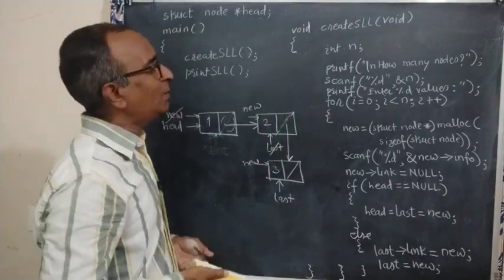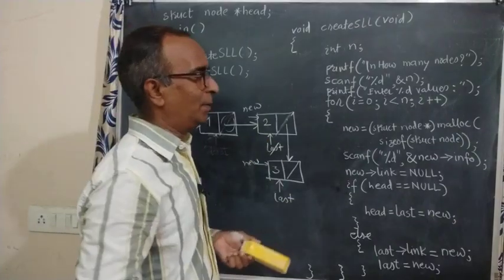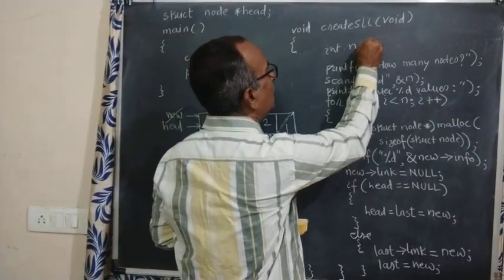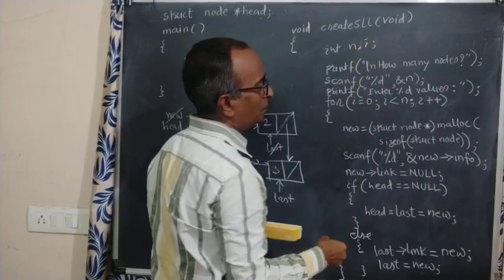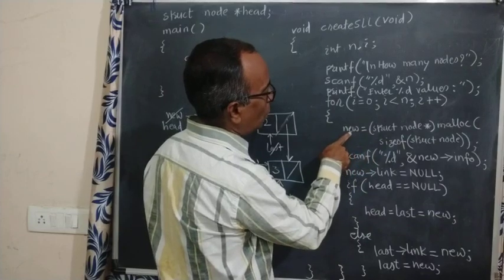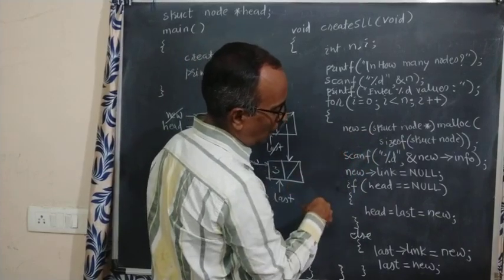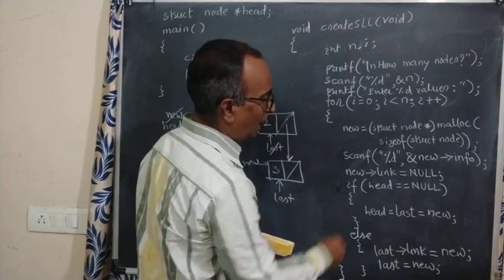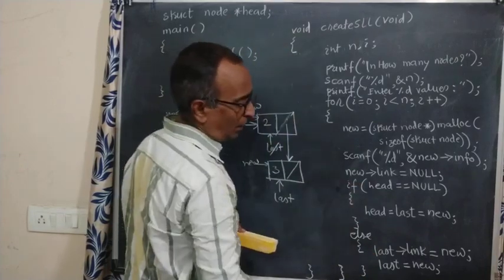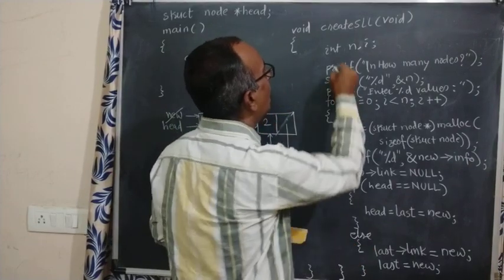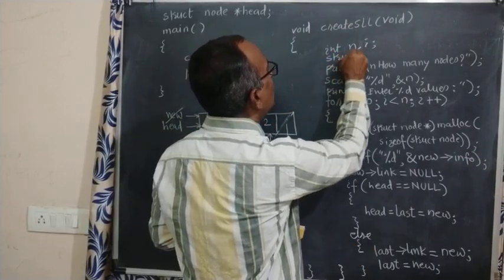Now whatever variables you are using, just declare them. I, you have not declared, I declared. Are we using any integers? No. Now you should know what is new, then what is last. Head we have declared as global already. So last and new we have, and these are struct node pointers.